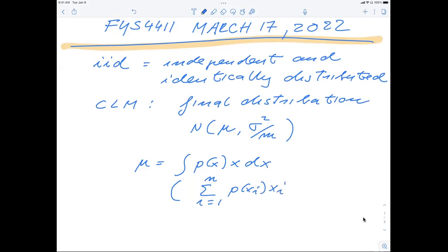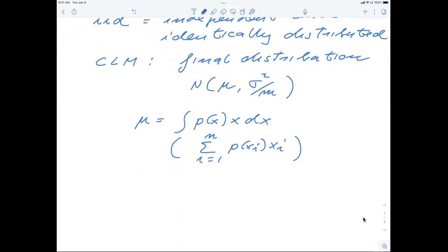Now, normally what we have is something which we call the sample mean, and the sample mean is not necessarily equal to the exact mean in case we knew the distribution p of x. So the sample mean, which we are confined to live with, is something which we call mu-hat, and it does not need to be equal to mu.